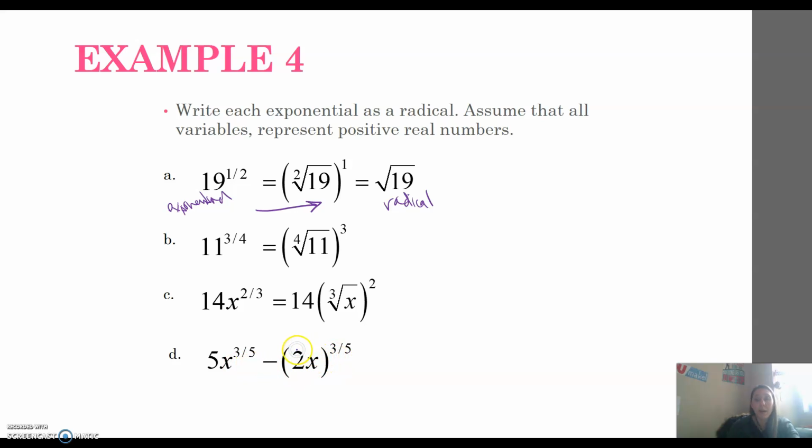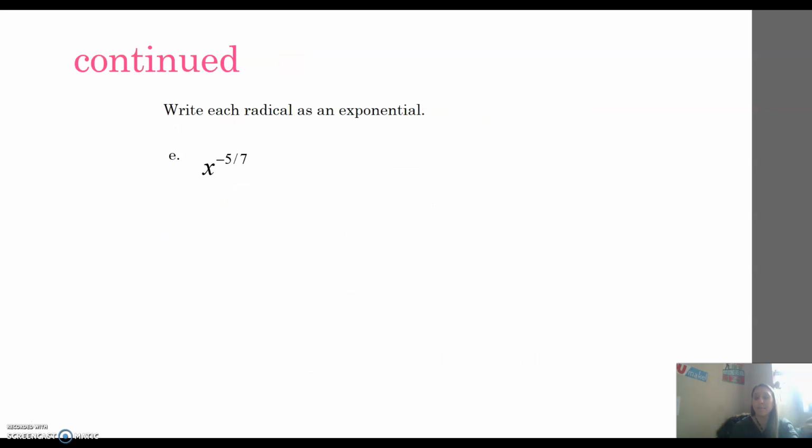On this one, both the 2x are going to go on the inside of the radical. So then we end up with 5 times the 5th root of x cubed, that's what this says, minus the 5th root of 2x cubed. So that's the difference between those two. That's knowing what goes on the inside and what goes on the outside.